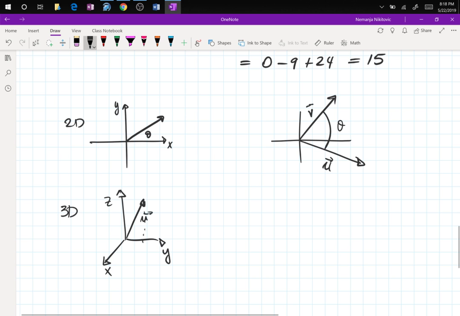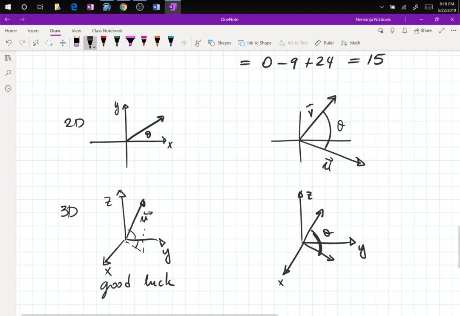Because you would have to draw the line, and then there is an angle here and an angle here, and it's a whole bunch of angles. You just need to know which one it is. But the 3D angle between two vectors, that is the same dot product formula, because the dot product doesn't care about axes or any of that stuff.